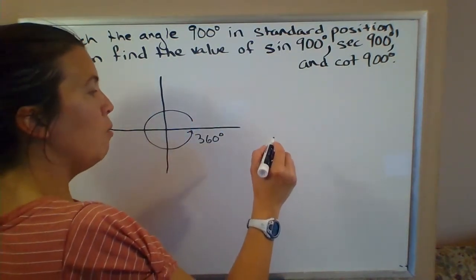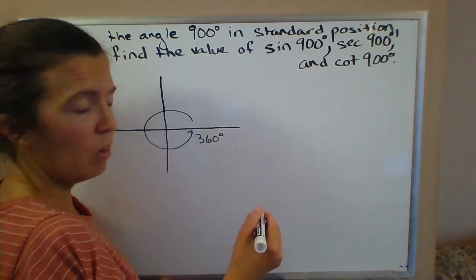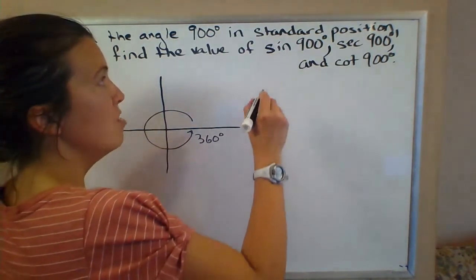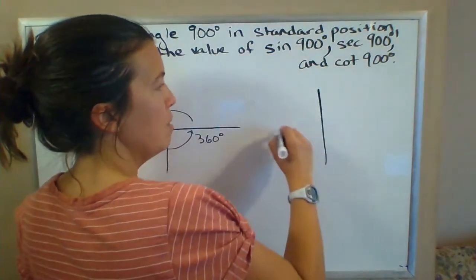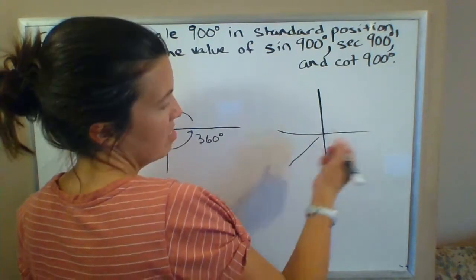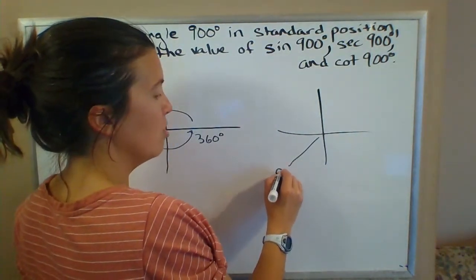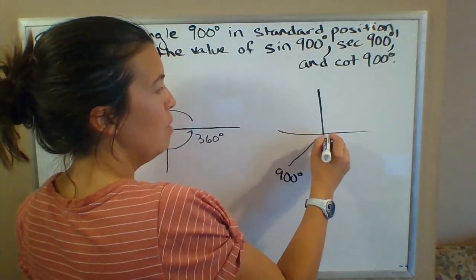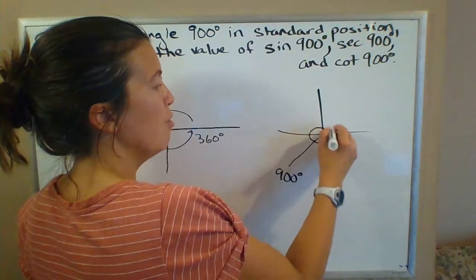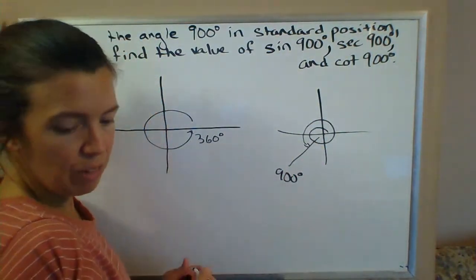So the way that we can find a coterminal angle that's easier for us to draw is to subtract 360 degrees. Let me just draw randomly. Suppose that our 900 degree angle terminates in quadrant 3, even though that's not the right spot.